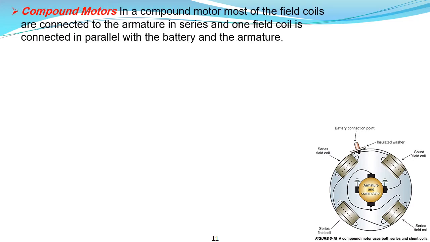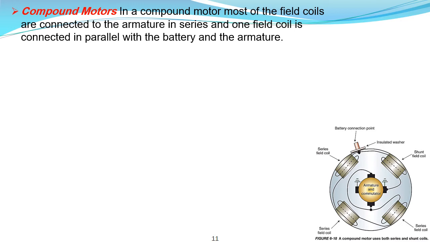Compound motors. In a compound motor, most of the field coils are connected to the armature in series and one field coil is connected in parallel with the battery and the armature.